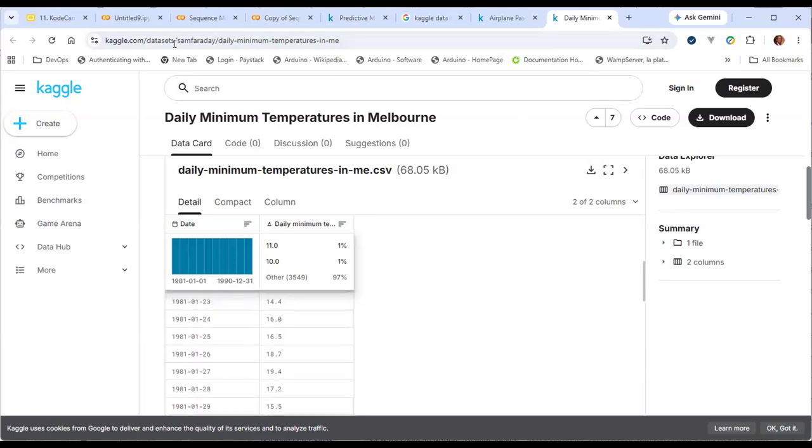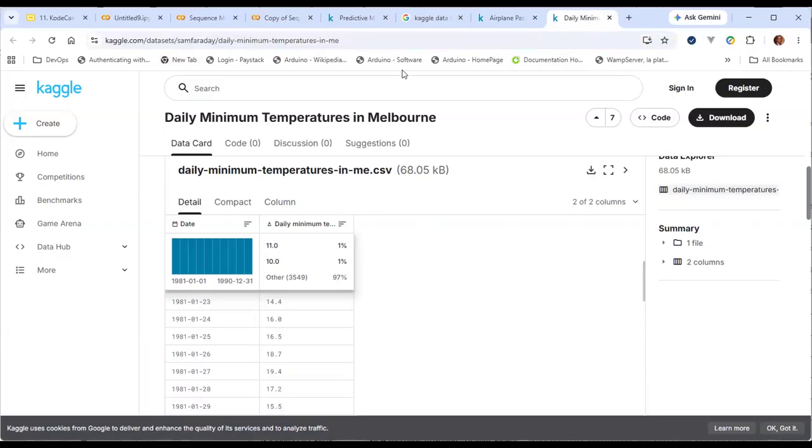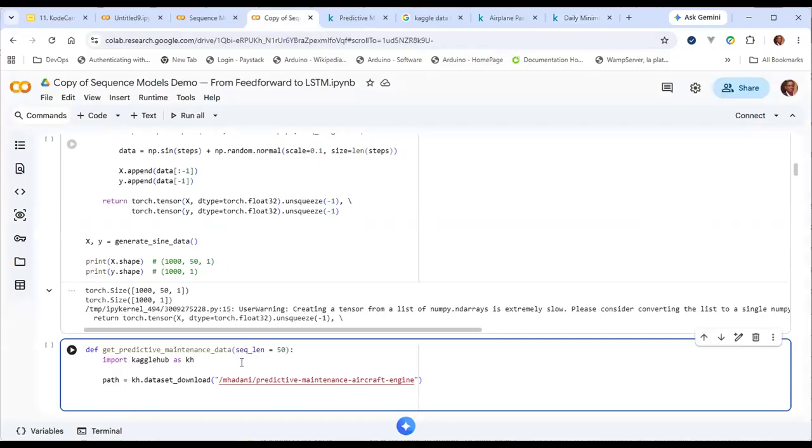I'm going to take this, and we'll give attribution to all of those whose data we are using.